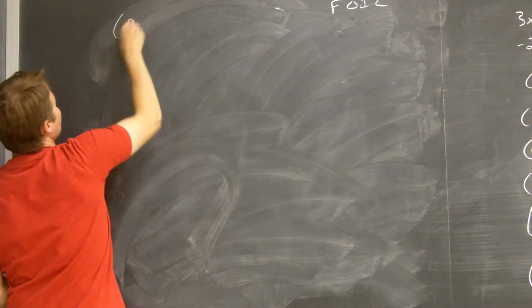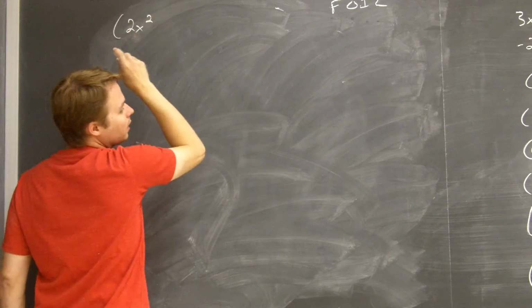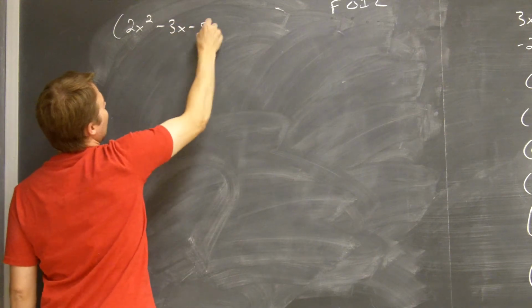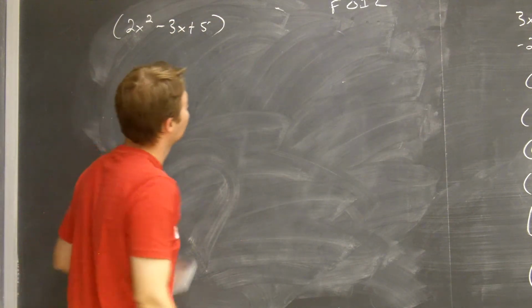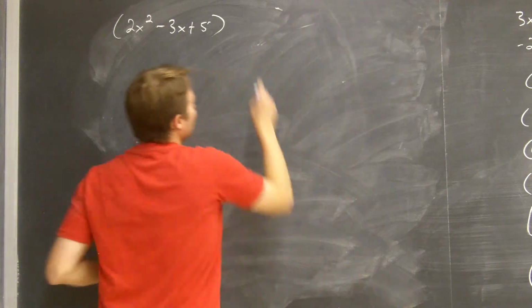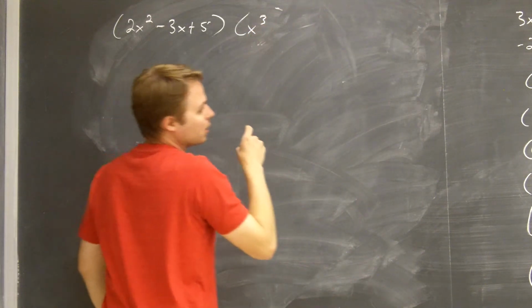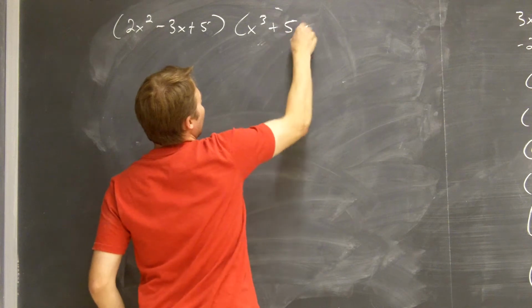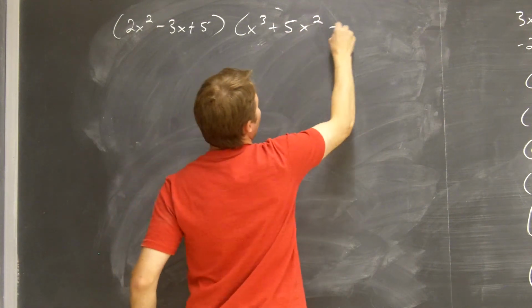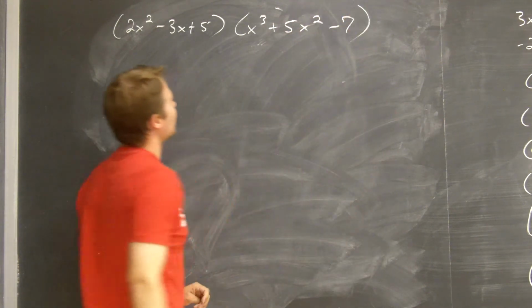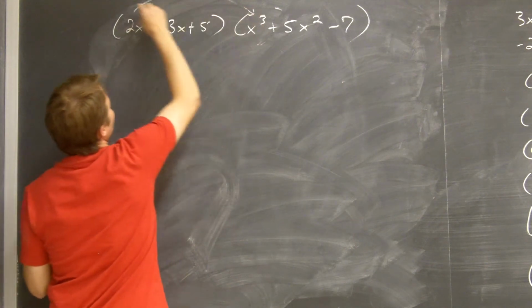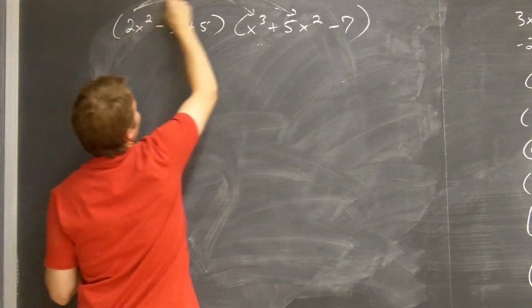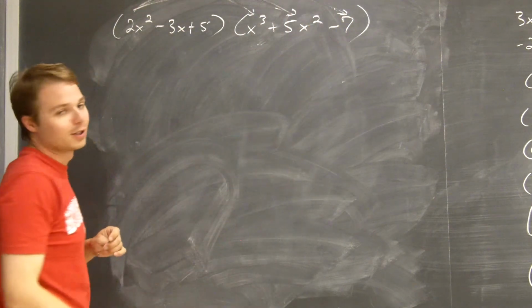So something like this, 2x squared minus 3x minus 5, well, let's do plus 5, that's what I have written down here. And then x cubed plus 5x squared minus 7. Again, the idea is to multiply everything, all of the terms from this expression, times every term in the other expression.